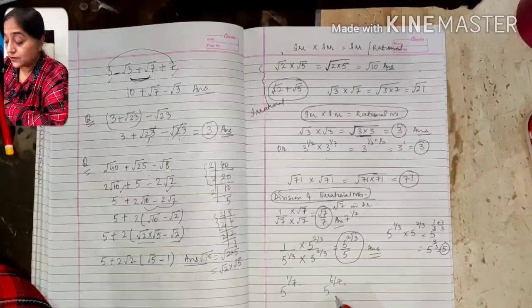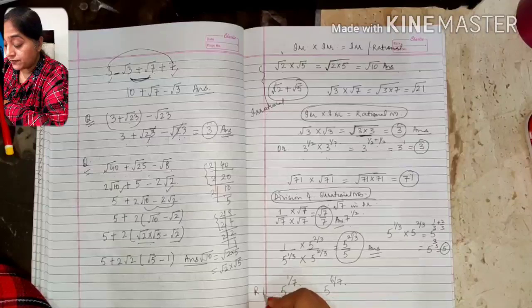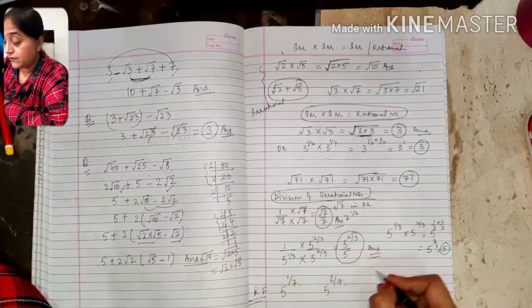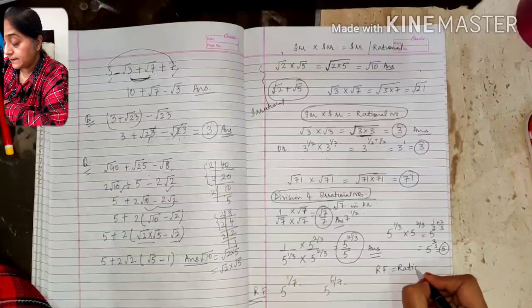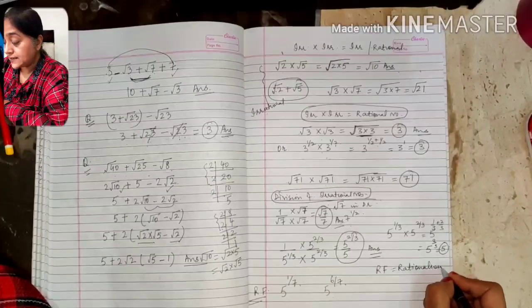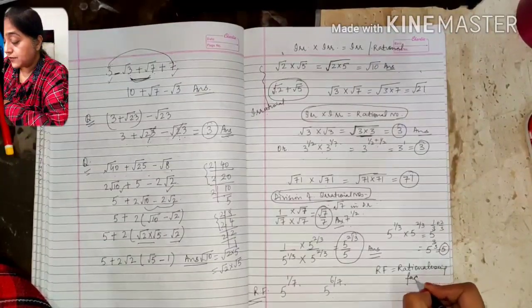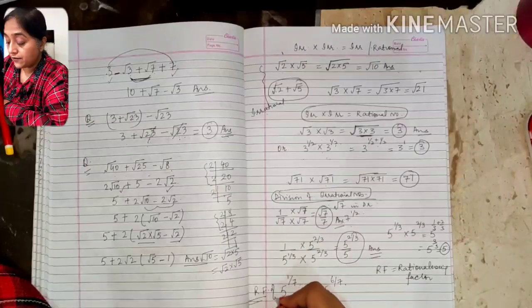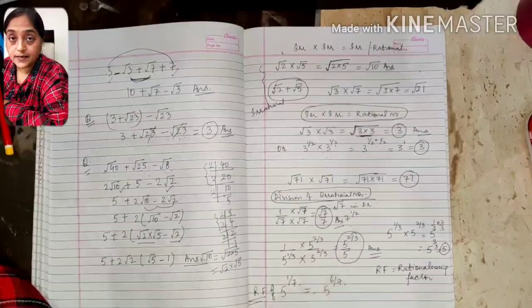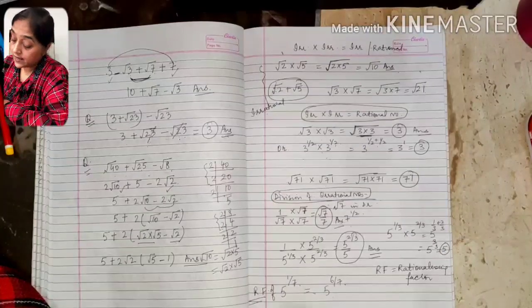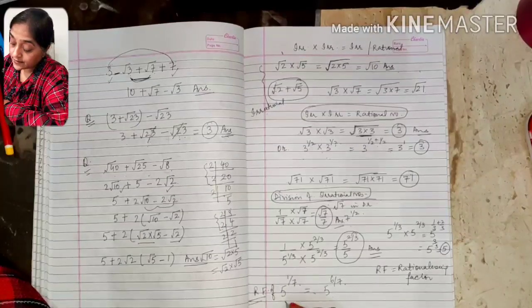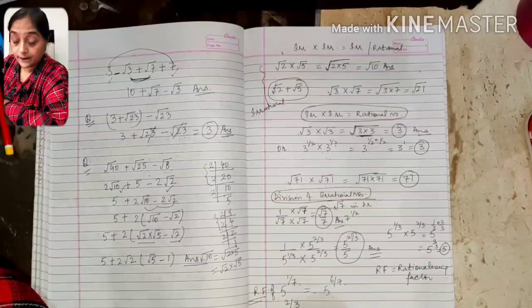Got it? So RF means rationalizing factor. So the rationalizing factor of 5 raised to the power 1 by 7 is 5 raised to the power 6 by 7.